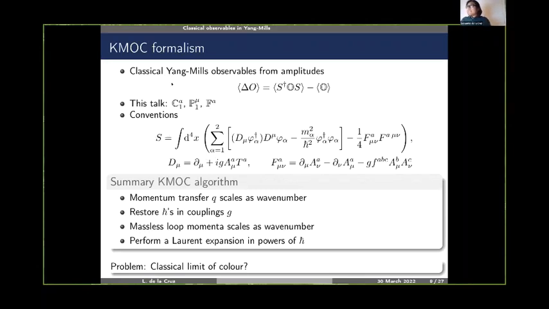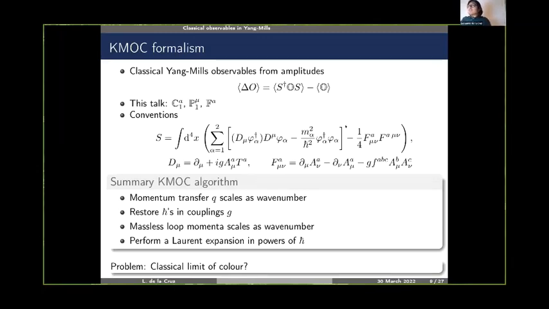What I mean here by Yang-Mills is the case in which I have two scalar particles charged under SU(N), and the usual Yang-Mills Lagrangian. The scalar particles carry different masses, and these are the usual definitions that I have in QFT. So this is a scalar Yang-Mills, if you wish.